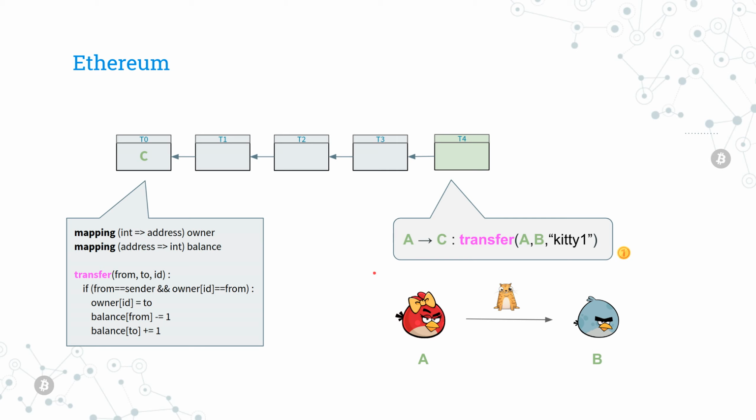Here Alice uses T4 to transfer a CryptoKitty to Bob. Assuming that Alice is the current owner of Kitty 1, after the transfer the two mappings are updated so that Bob is the new owner. Transactions also contain a small fee which is used to incentivize their execution.